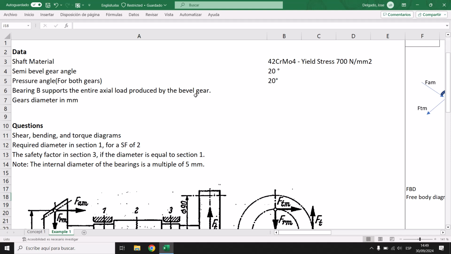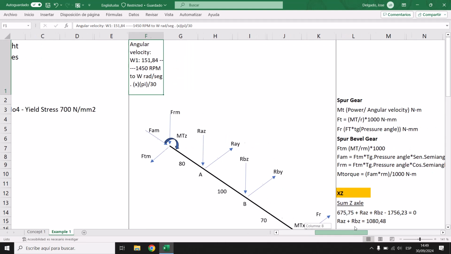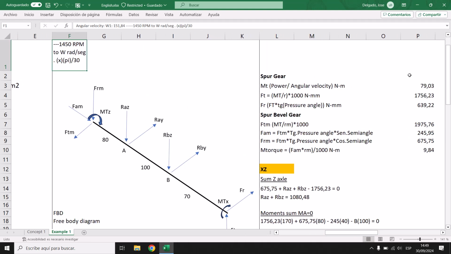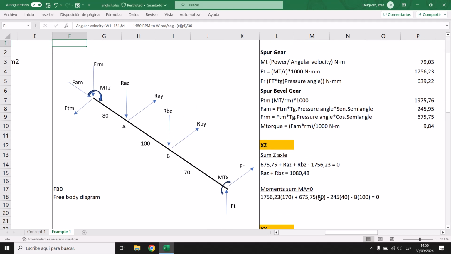Do you remember this? We calculated it here. So for us, this is 79, our torque here in the axle, and this is in Z for us. It's going to be this value. 40 is the radius of the bevel gear, and 200. Well, this is 245.35.